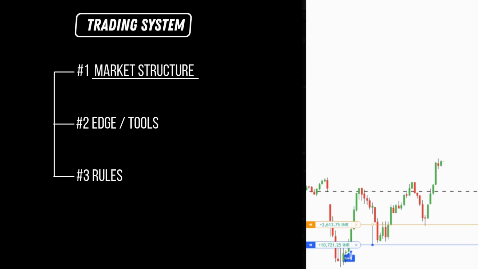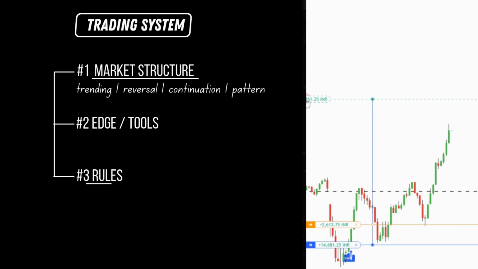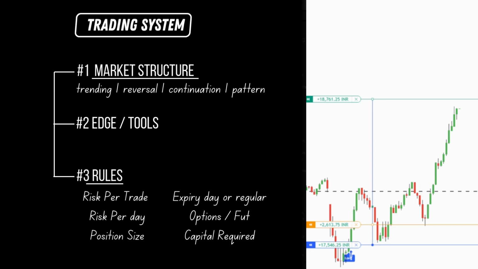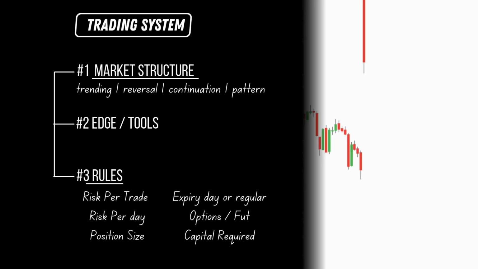Market structure usually involves your understanding of a trending market, reversal or continuation, or any pattern based setup, right? Rules are simply your risk per trade, your risk per day, the position sizing you do, whether it's an expiry day or a non expiry day, what you trade, options or futures, and the amount of capital required. So these are all relatively easy to decide.